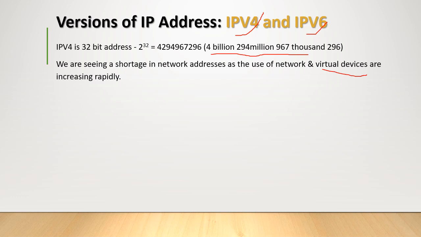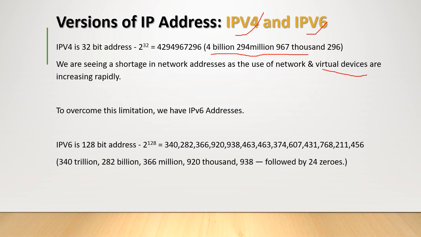So to overcome that shortage of IP, we have an IPv6 address, which is a 128-bit address, which is 2 to the power of 128, around 340 trillion addresses available, where we can connect trillions, billions, millions of devices over the internet.